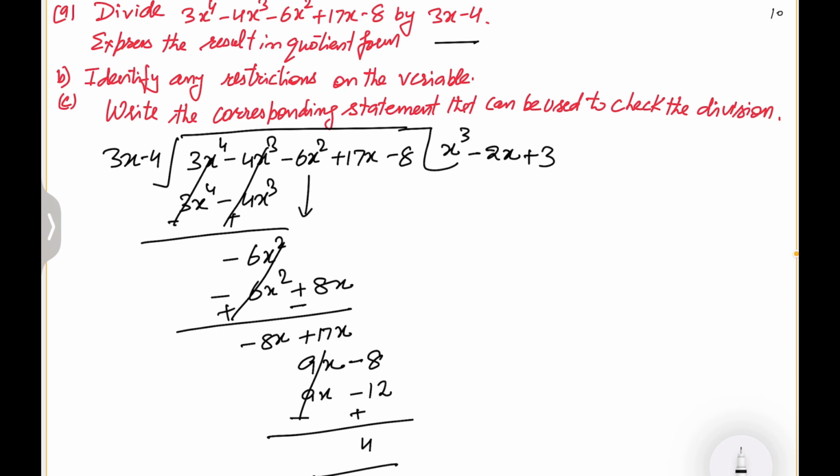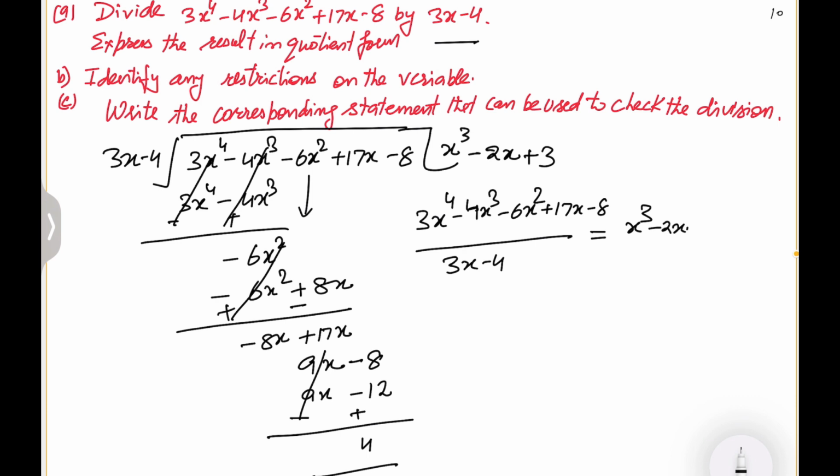So in quotient form, 3x to the power 4 minus 4x cubed minus 6x squared plus 17x minus 8, when divided by 3x minus 4, has quotient x cubed minus 2x plus 3, and we have remainder 4 divided by 3x minus 4. In part B, the restriction is that 3x minus 4, the divisor, cannot be 0, so x cannot be 4 by 3.